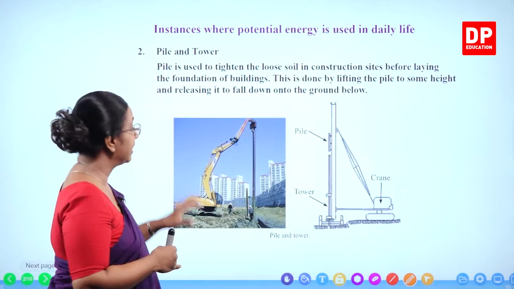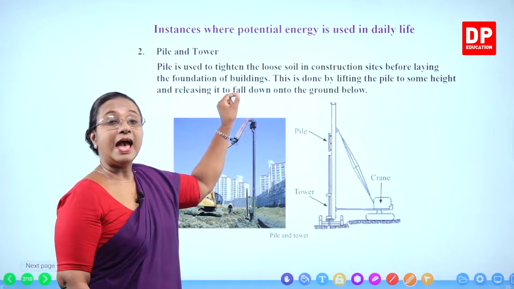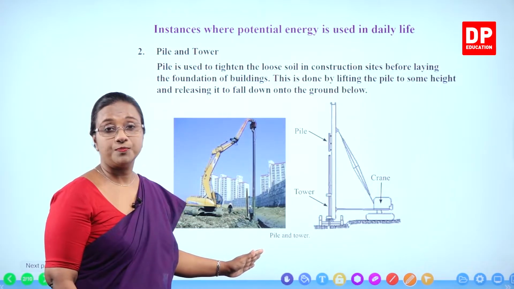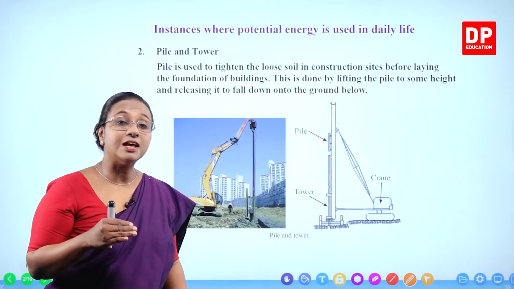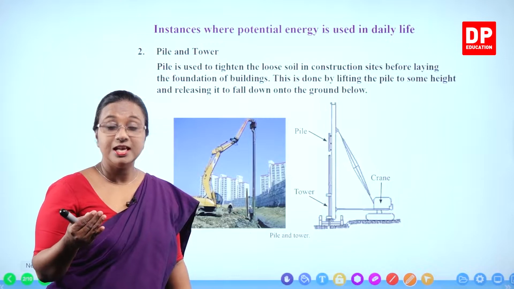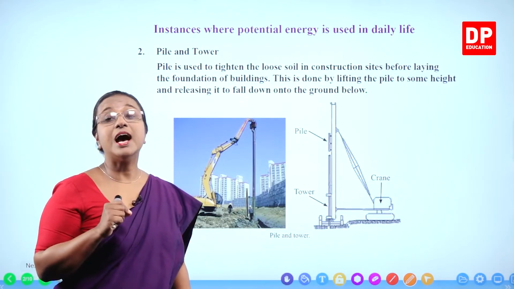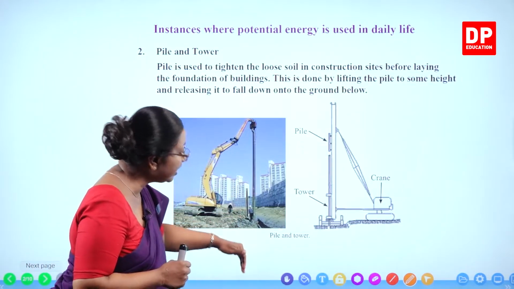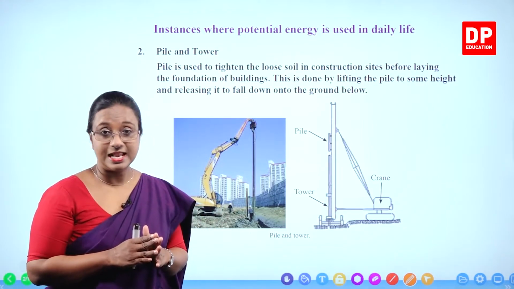To do that, what they do is they lift the pile up and then they push the pile into the ground. So, the higher they lift it, the pile will get more potential energy. And when it is dropped down, it will go down with high kinetic energy. Because of that, it can go easily into the ground. Do you all understand that?